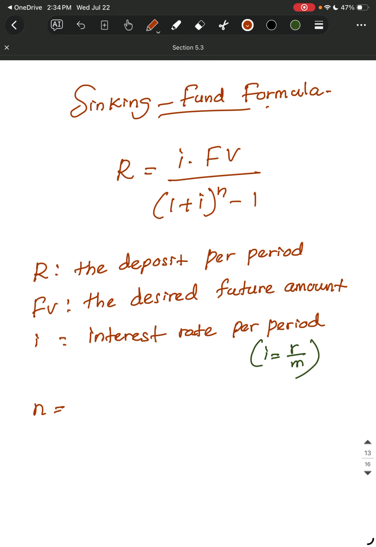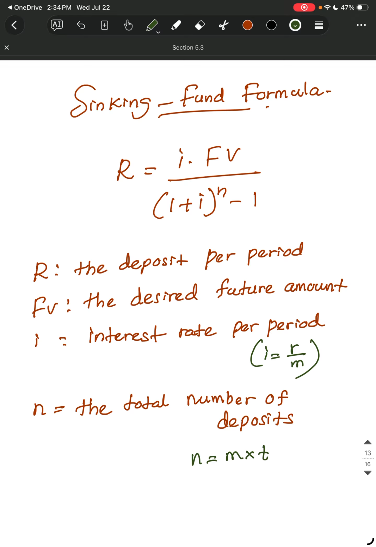Also, n is the total number of deposits. Therefore, n equals m times t.